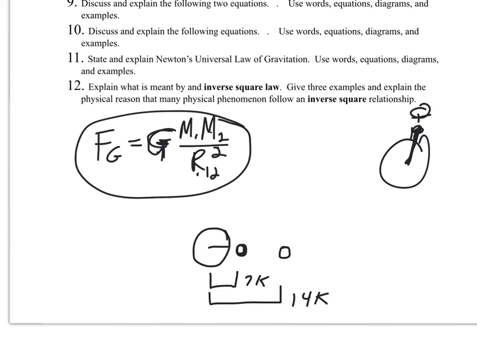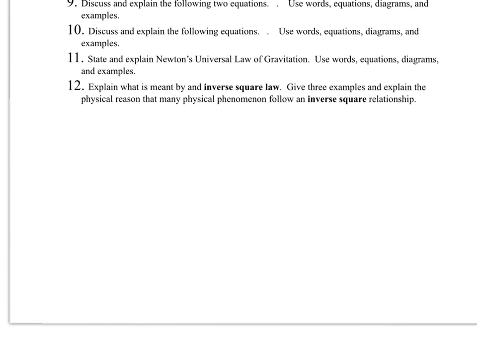The best way to think of it is that it's the gravitational field of the Earth that's pulling on this, and the gravitational field is 4 times weaker. And so the inverse square law is a result, really, of three-dimensional space, and here's the explanation.